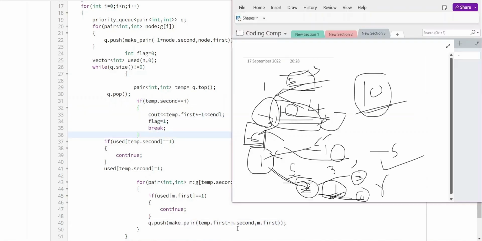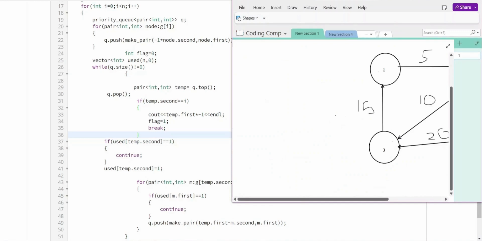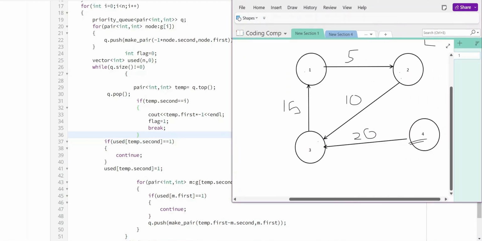After traversing through the priority queue, basically if I have 1 over here, I have traversed 1, so that would be my first node. After that I'm going to put 2 in the priority queue because 2 is the only value associated with 1.